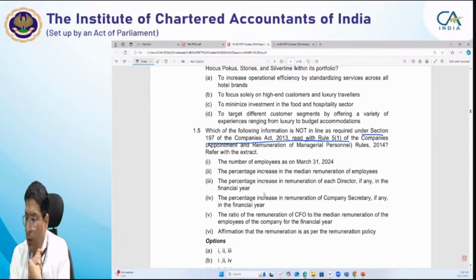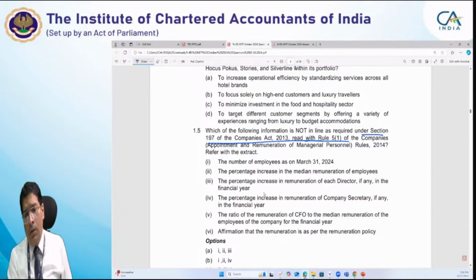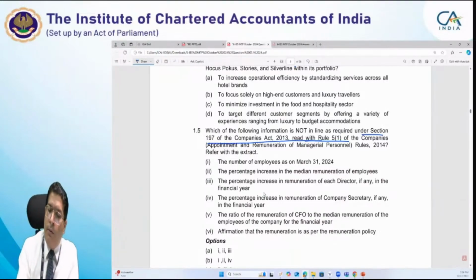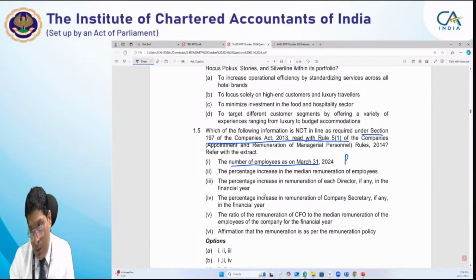Which of the following information is not in line as required under Section 197 of the Companies Act 2013, read with Rule 5(1) of the Companies Act? Okay. The number of employees as on March 31st, 2024. Here the company has given permanent employees.